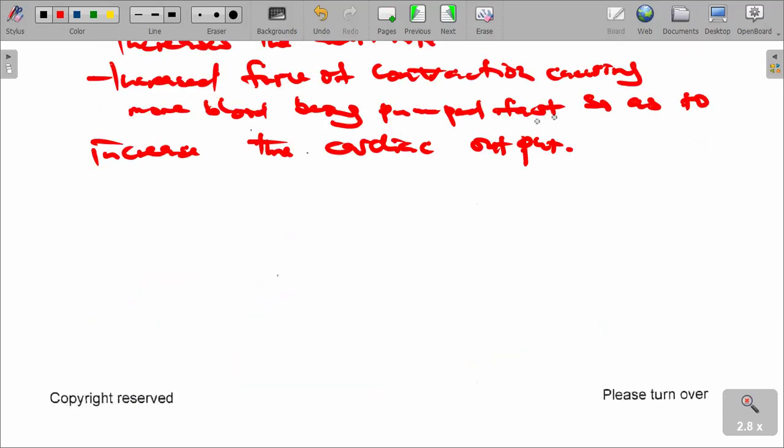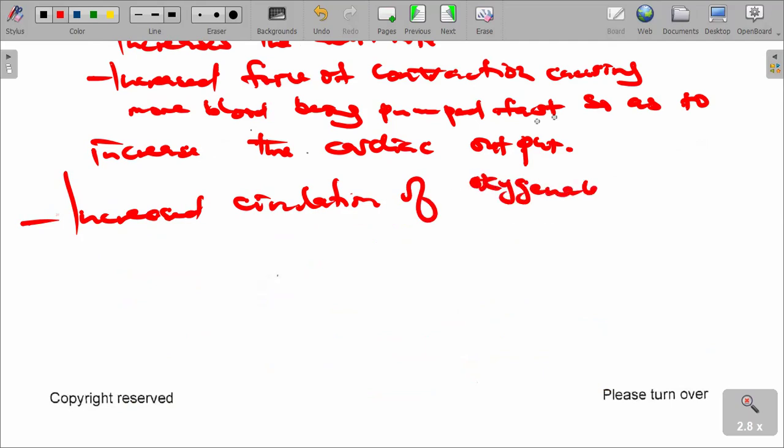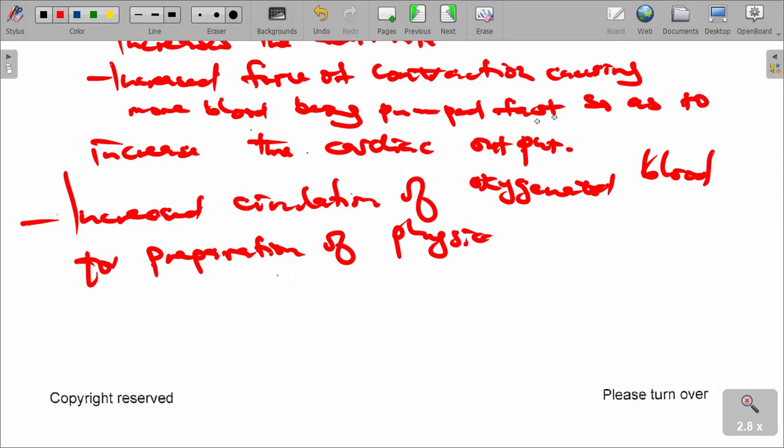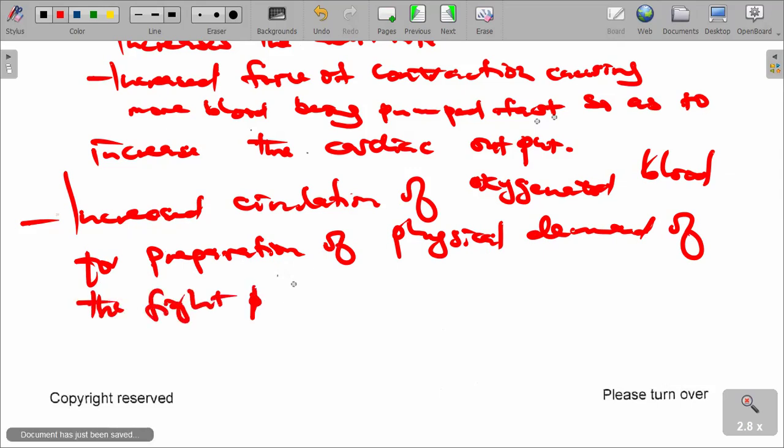In simple terms, you need to understand that more oxygenated blood is being delivered to the muscles and also to the brain, so as to prepare the body for the physical demand of the fight and flight response. So the overall impact is increased circulation of oxygenated blood for preparation for the physical demands of the fight and flight response.